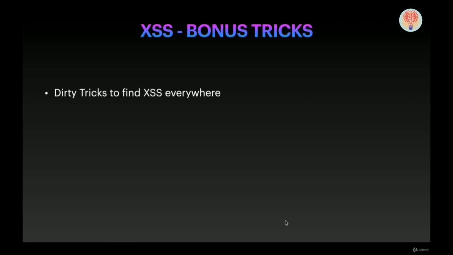Hello everyone. So in this video, I'm going to share with you guys a bonus lecture in which you will see XSS bonus tricks. I'm going to show you some of the dirty tricks to find XSS everywhere. So let's see how we can do this.